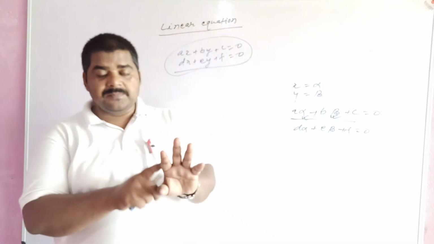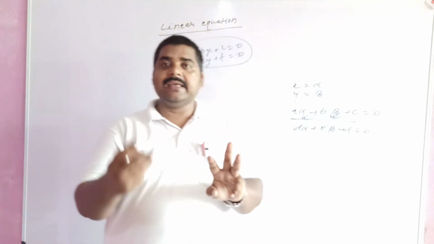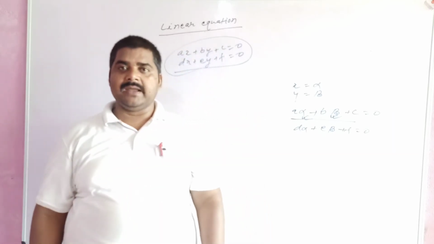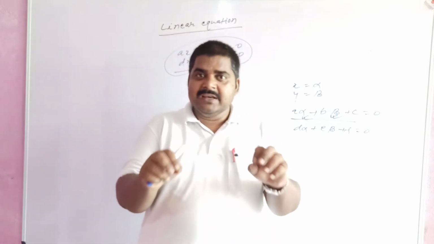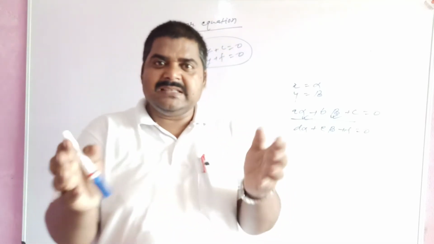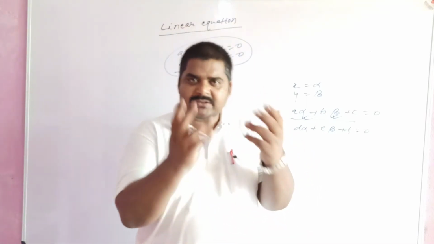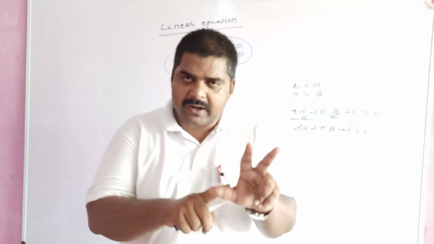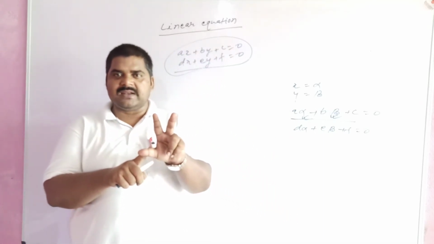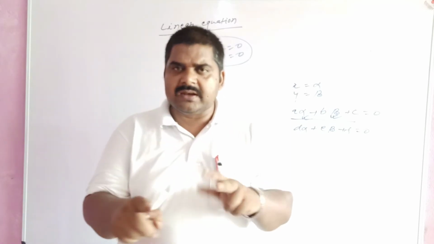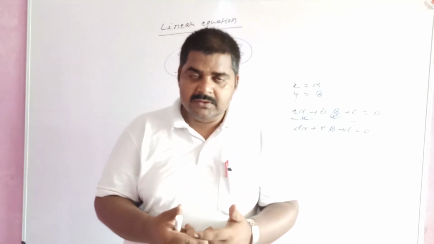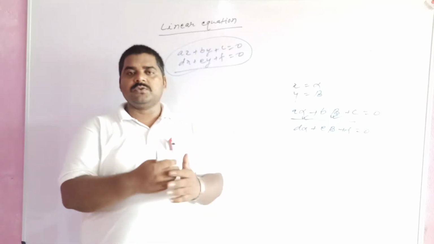So you have to keep in mind that when linear equations in two variables, two equations, have been given, which is termed simultaneous, meaning together, then three possibilities are: first, one and only one solution; second, no solution; and third, an infinite number of solutions. So let's discuss some more topics.